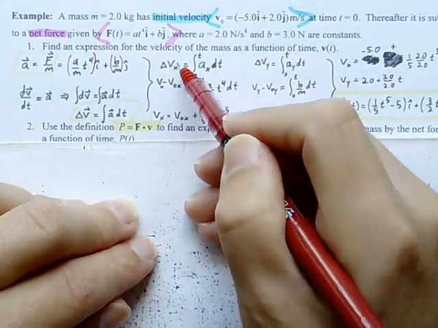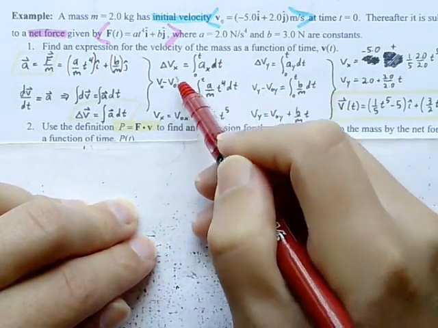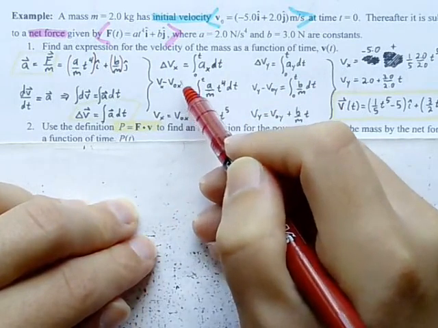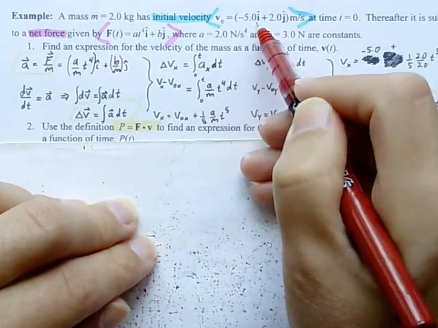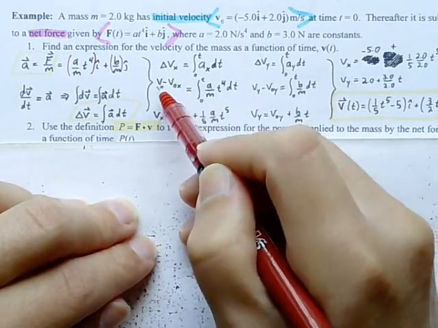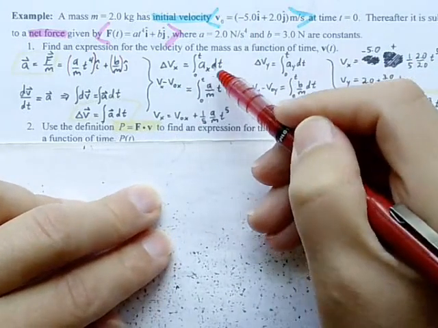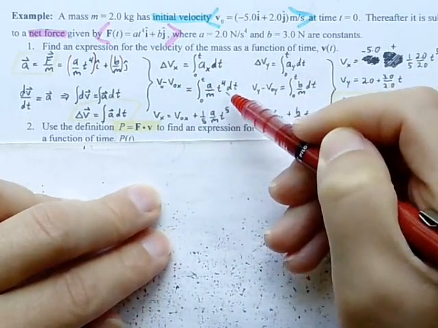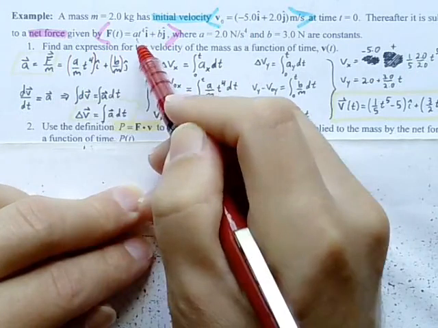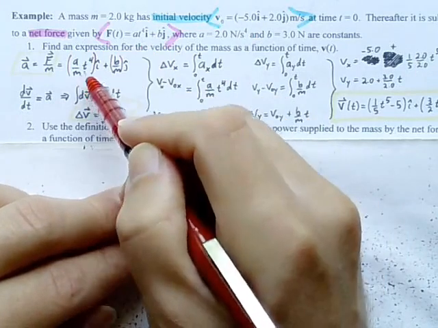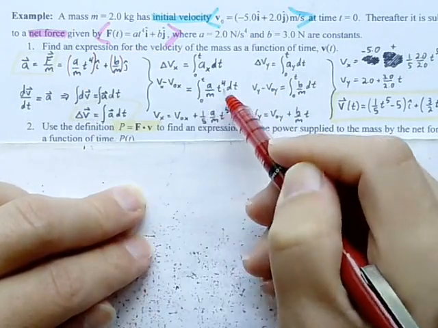And Vx goes from its initial value, the initial x would be this right here, the negative 5, to its final future value at this future time t. For ax, we can input as our integrand this expression. That's the force's x component divided by the mass, so a t to the 4th over m.